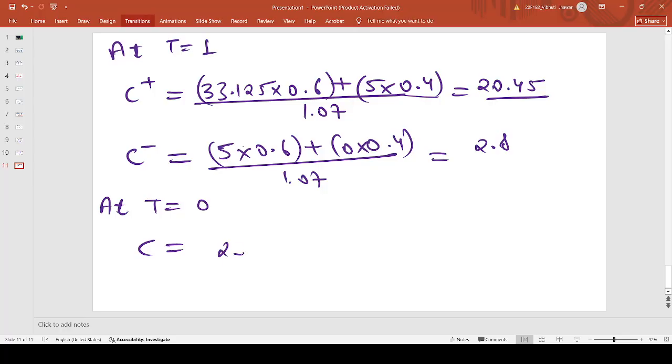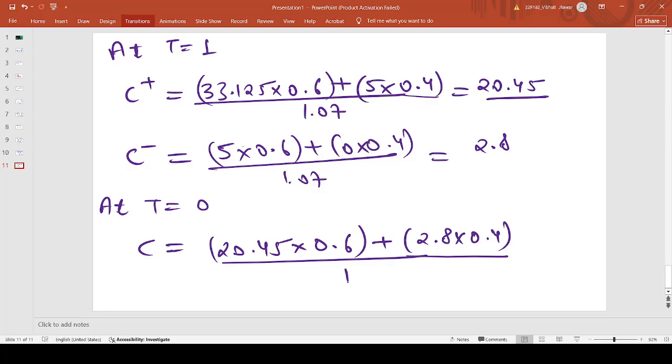C is equal to 20.45, because this was for up. This is the value of the option when the stock price increases, and the increase probability is 0.6. So 20.45 into 0.6 plus 2.8 into 0.4, discounting it one period to bring it from T1 to T0. This gives us approximately 12.51, which is the value of the call option.